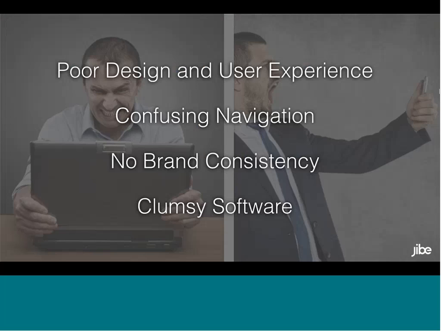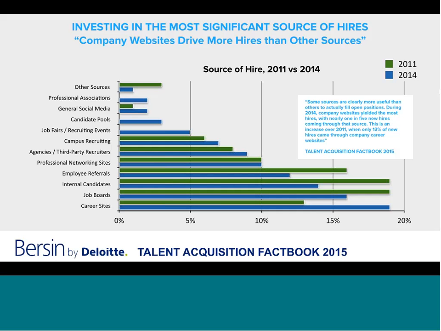But I think the biggest issue there is clumsy software. And what I mean by that, I think it's a catch-all for software that doesn't work on a mobile device, software that doesn't work potentially on the computer that I happen to be using. It's just a bad user experience all around, and I think bad candidate experience with poor design, confusing navigation, no brand consistency, clumsy software is a really big deal.